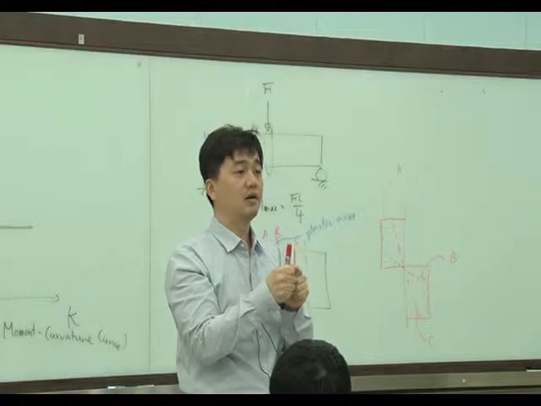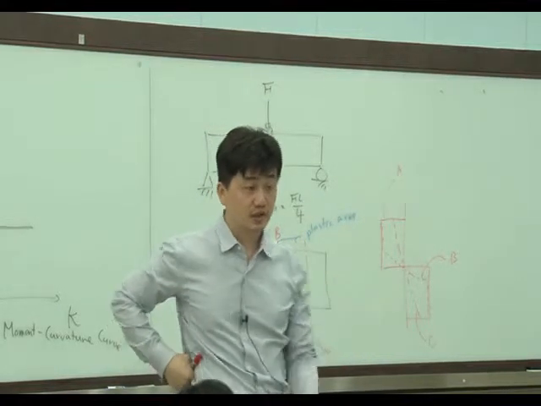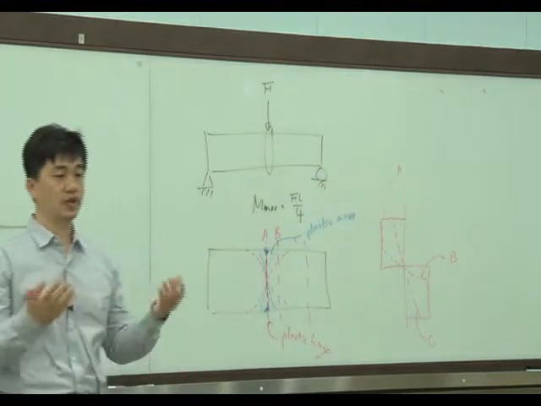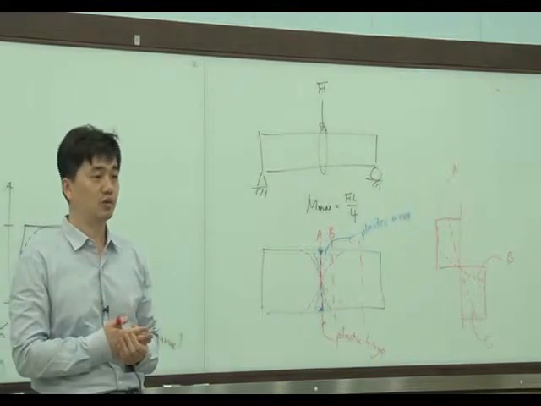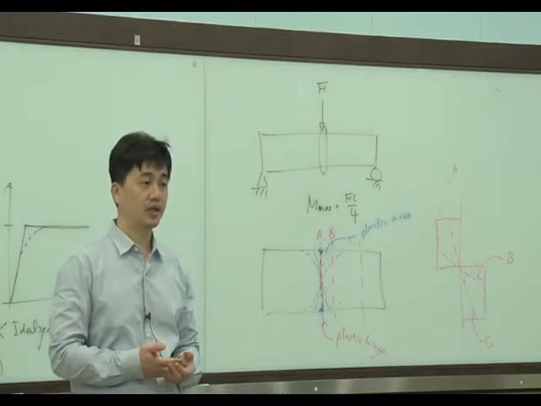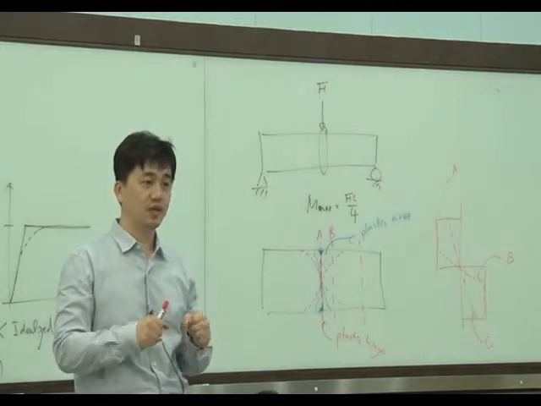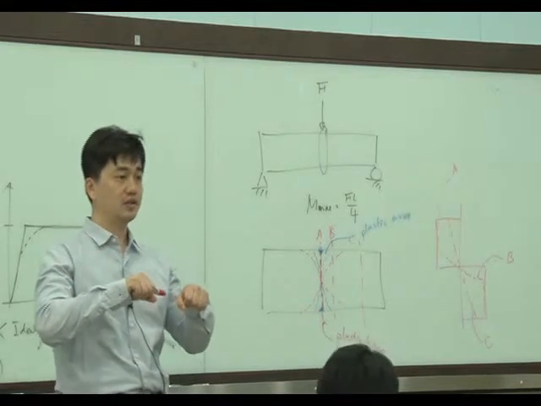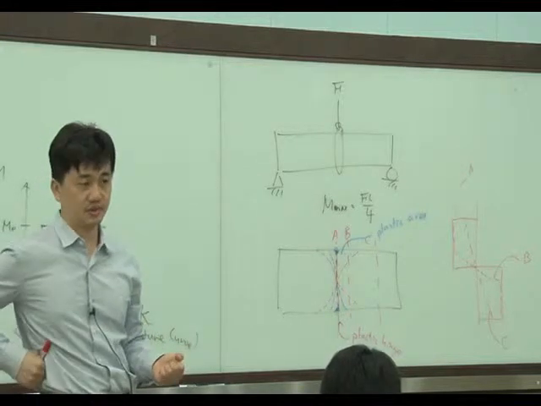Collapse means the rigid body motion. So if the structure is properly supported, prescribed, then rigid body mode cannot occur, right? But if some part fails, then it can make a rigid body mode, and then we say this is a collapse.